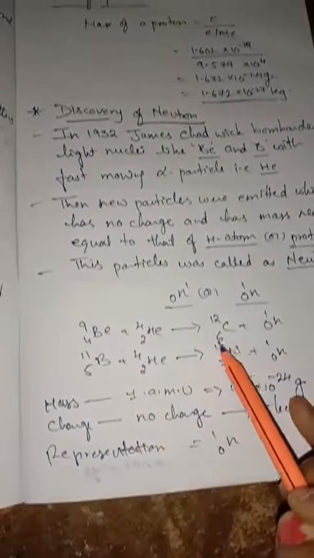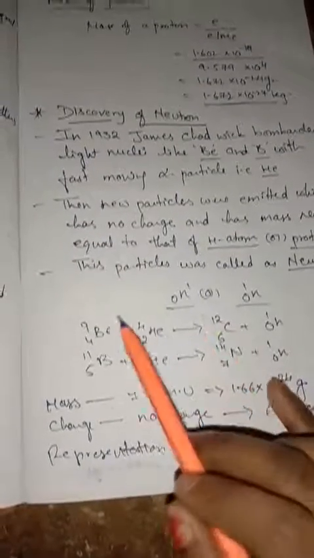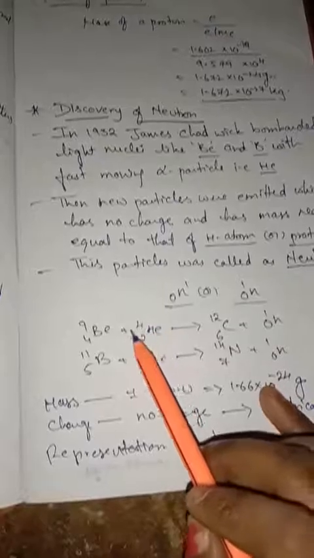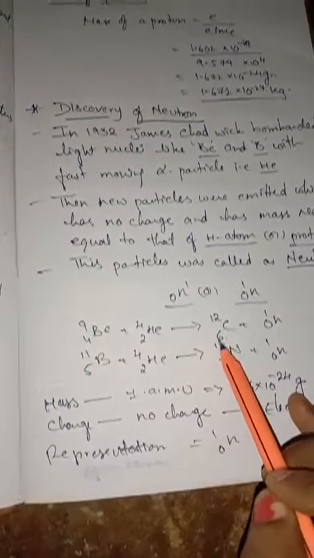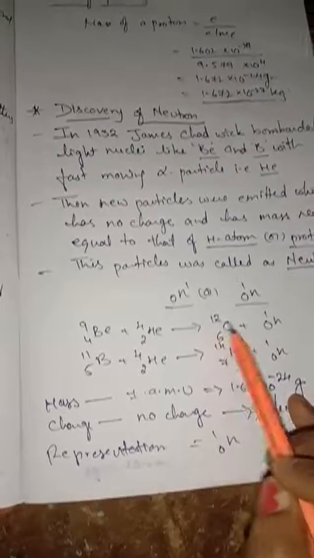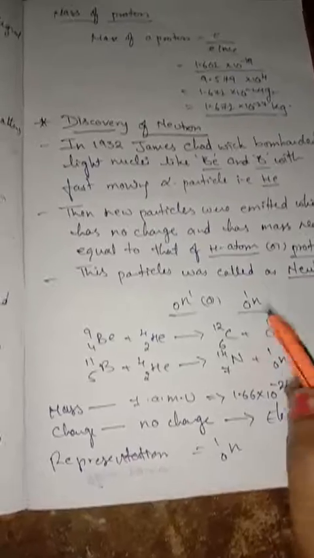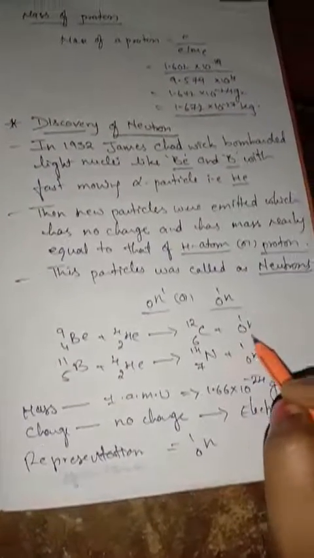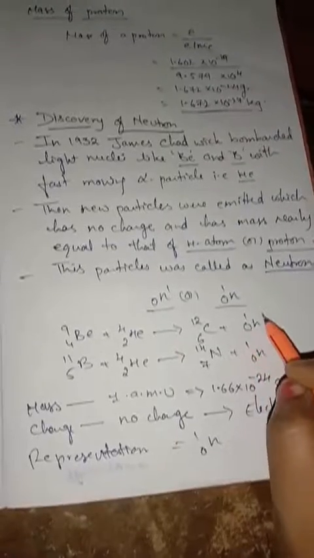Atomic number 6 means what element? Carbon. The mass would be 9 plus 4, which is 13, but here the carbon has mass 12, plus another new particle. What did he get? The neutron, a particle having no charge, with 0 and 1, which means it is a neutron. He got a neutron here, a new particle.